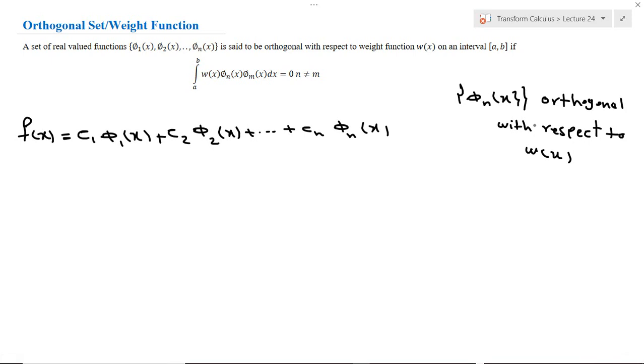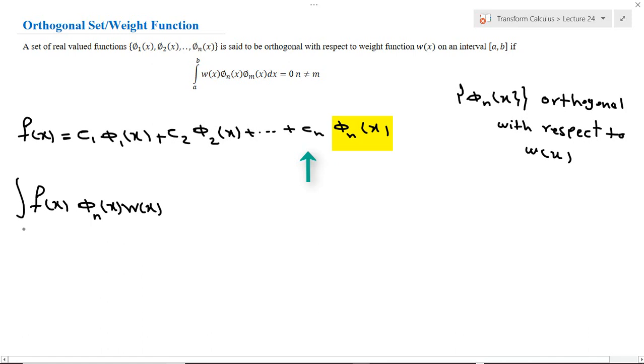The procedure is exactly the same as we did for orthogonal sets of functions. Let's say you want to find cn, the general case. You have to multiply f(x) by phi n(x) and w(x), and then find the integral from a to b. You have to do it for both the right-hand side and the left-hand side of the equation.